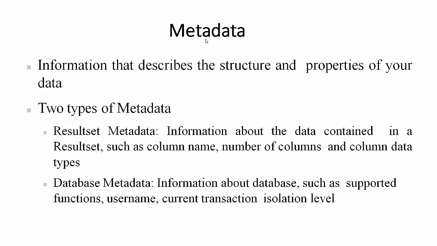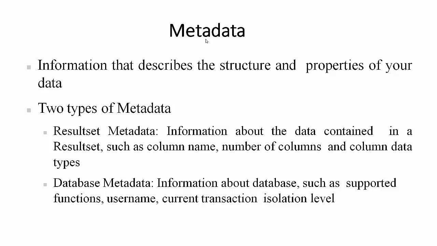Database metadata is information about the database, such as supported functions, username, current transaction and isolation level. For example, the primary key, foreign key and other such things are related to database metadata.